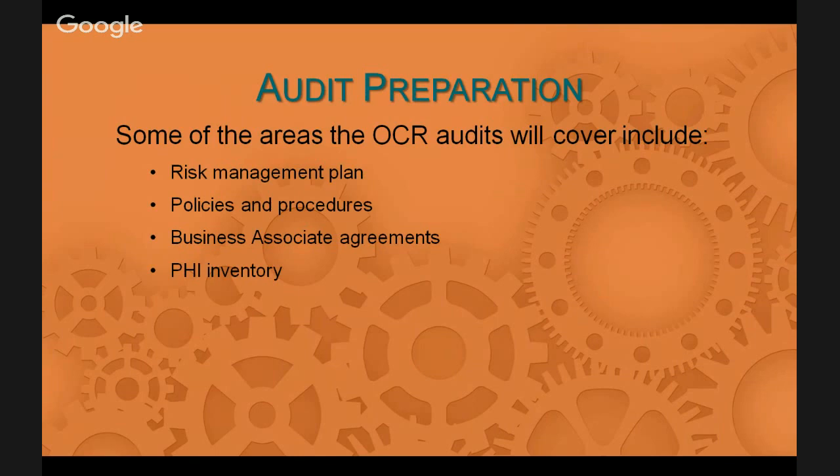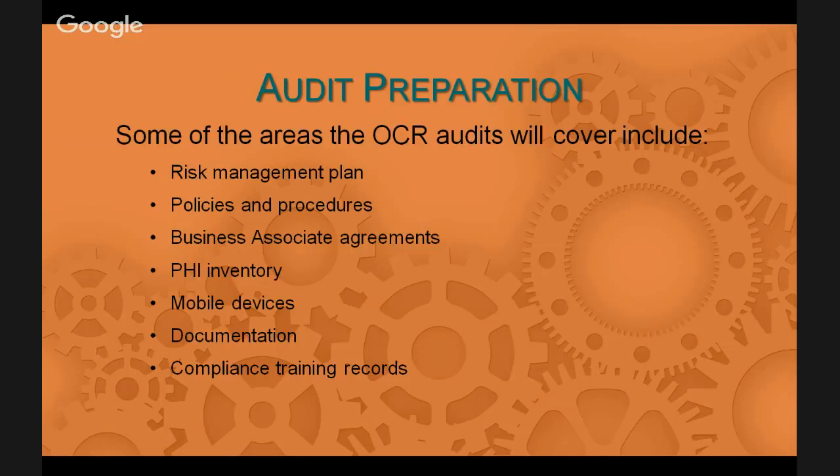Inventories of business associate agreements and an accounting of where electronic protected health information is stored, how mobile devices and mobile media are secured and tracked, documentation on breach reporting policies and incident responses to policies and procedures, a record of compliance training that has been completed, and evidence of abilities. Risk management and compliance training are two big ones that you should circle in your notes.